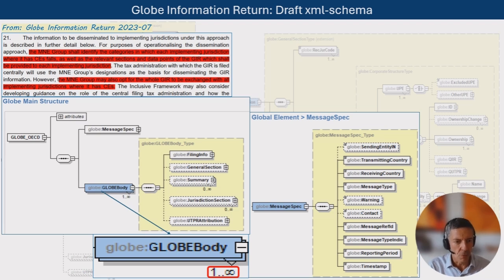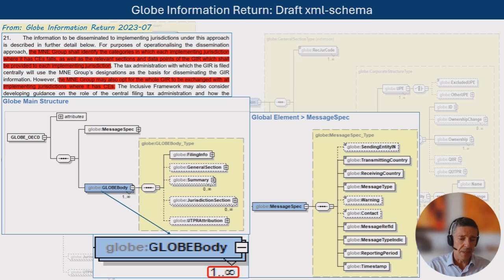It said the information will be disseminated to implementing jurisdictions under the process described in further detail below. The MNE group, that's the taxpayer, shall identify the categories in which each implementing jurisdiction where it has CEs falls, as well as the relevant sections and the data points of the GloBE information return, which shall be provided to each implementing jurisdiction. And that is what happens here.